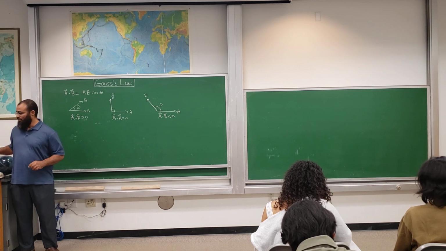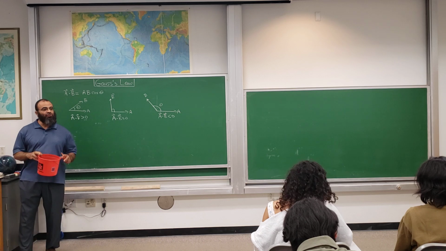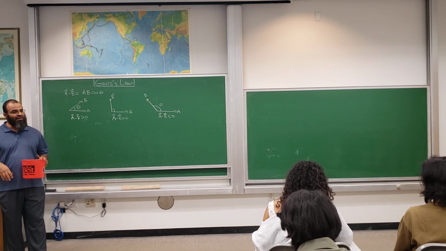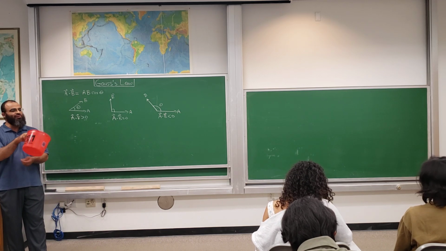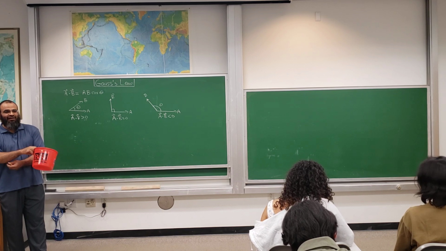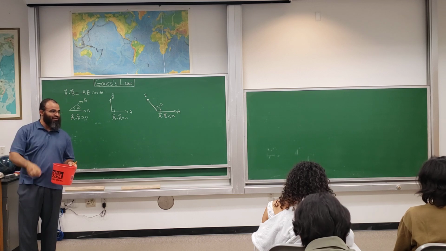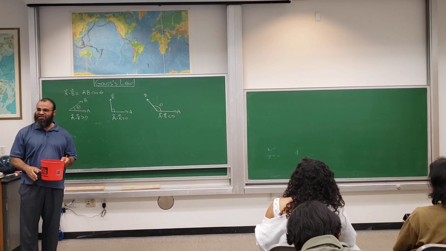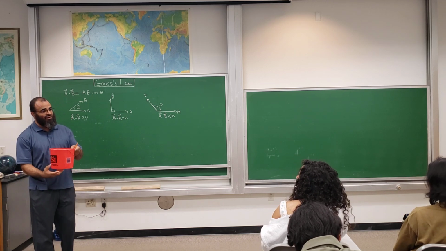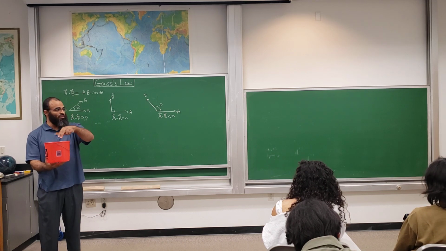Now, here's my bucket, and we're going to talk about the concept of flux, and it's helpful to talk about it in terms of rain. Imagine it's raining, and usually it rains from top to bottom, right? Straight down. If I want to collect the maximum amount of rain, I want to orient my bucket this way, so the rain will enter my bucket.